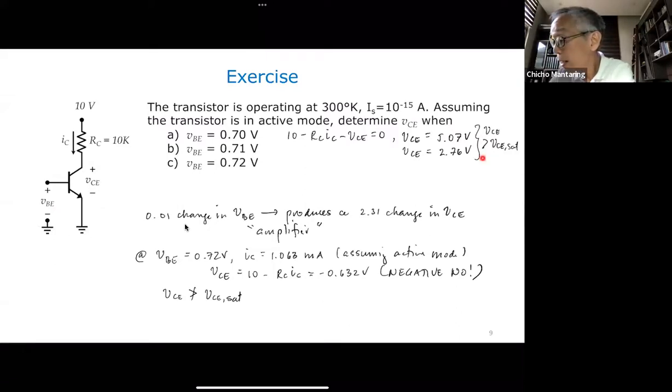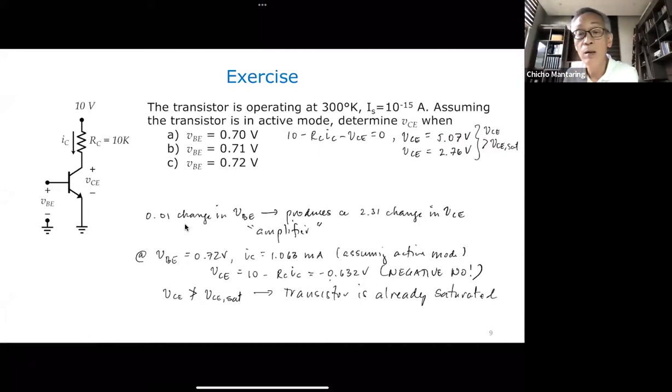Now in this particular case, VCE is not greater than VCE SAT, so we know that the assumption here, active, is incorrect. No? So the conclusion here is the transistor is already saturated. Wala na siya dun sa active region.